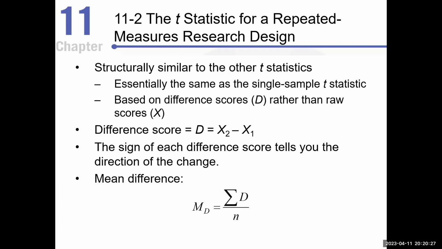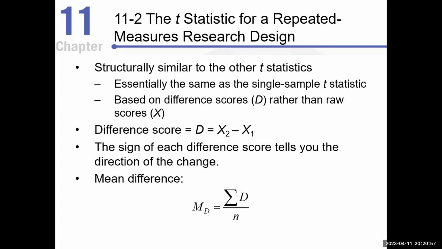Okay. All right. So to get into the mix of what we'll be doing, the structure of this particular t-test for repeated measures design is very, very similar to what we did in chapter 9. The only difference, and no pun intended, is we're going to be using difference scores, because we're looking at the difference between one treatment condition and the next, right?